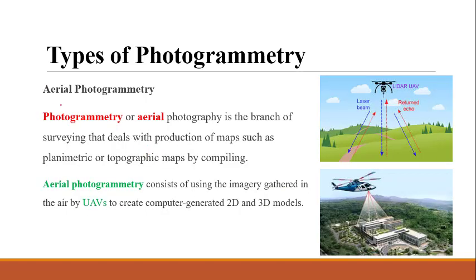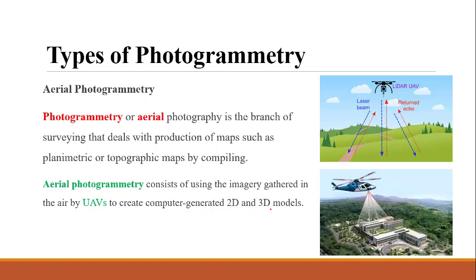Aerial photogrammetry is the type or branch of surveying that deals with the production of maps such as planimetric or topographic maps by compiling. Aerial photogrammetry consists of using imagery gathered in the air by UAVs, unmanned air vehicles, to create computer generated 2D or 3D models.